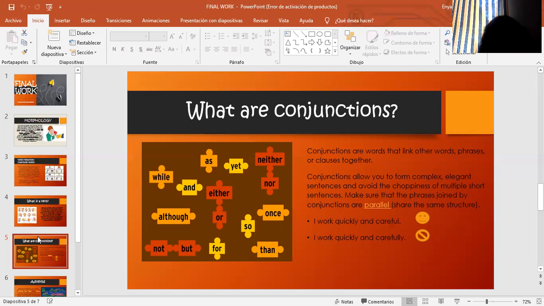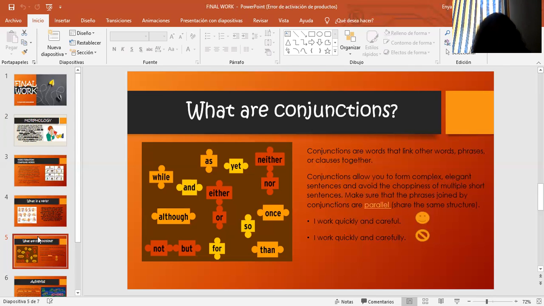We can find subordinating conjunctions, I'm sorry, teacher, that join independent and dependent clauses, and a subordinating conjunction can signal a cause and effect relationship.